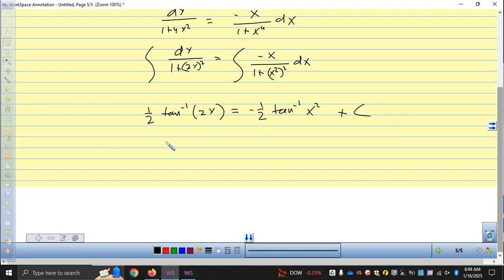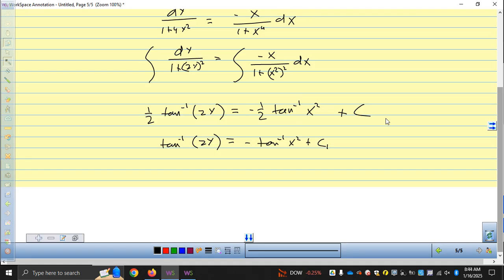So inverse tangent of 2y equals negative inverse tangent of x squared plus some c1 if I multiply by 2. A lot of times when we're multiplying by a constant, often you'll see the c just stay as c.